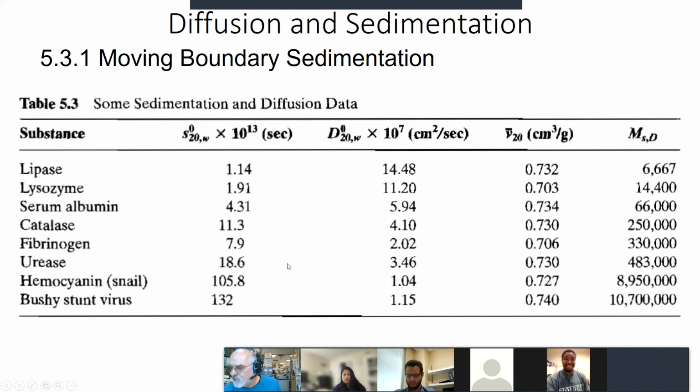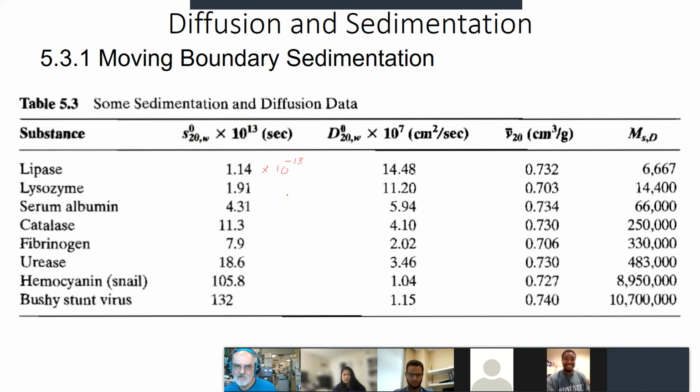The units here reflect something about how fast molecules actually sediment. This is corrected for 10 to the 13th because the proper units end up being S, 1.14 times 10 to the minus 13 is the actual units that you get.